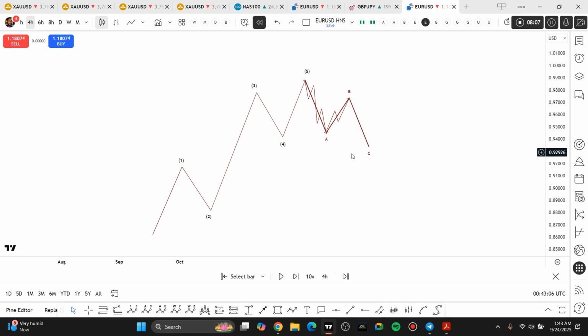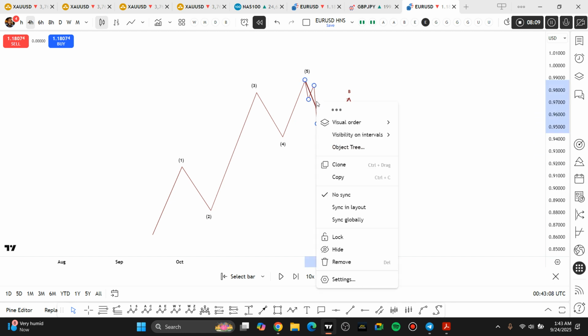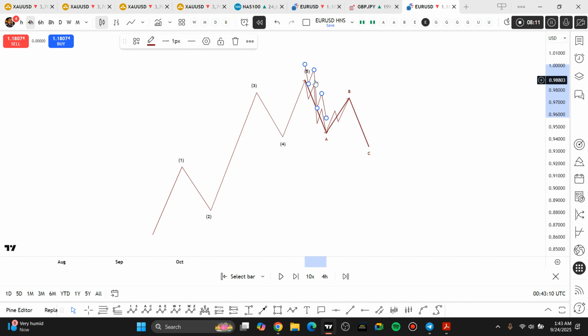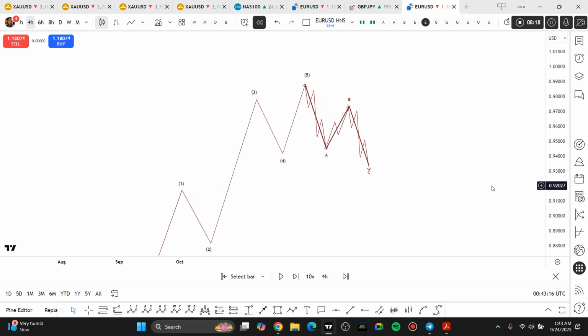Now, within wave C, we should be able to label five waves inside the wave C also. So, a zigzag correction is usually spotted at wave 2 or wave 4.